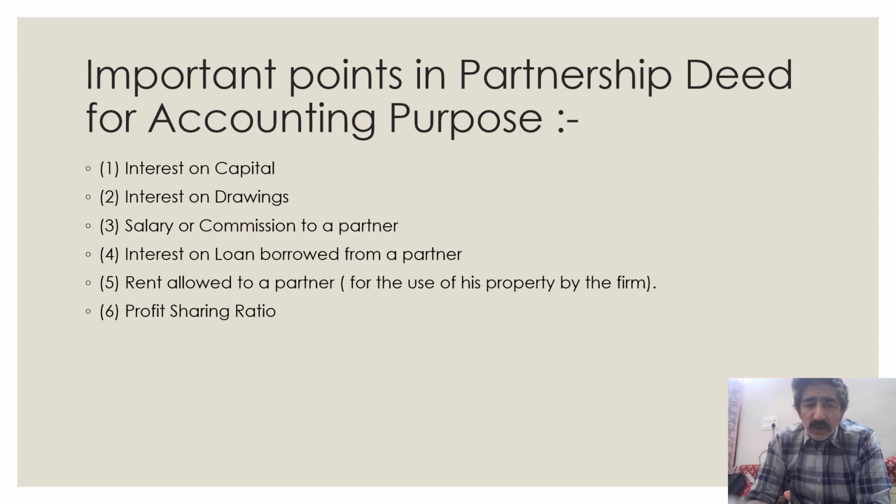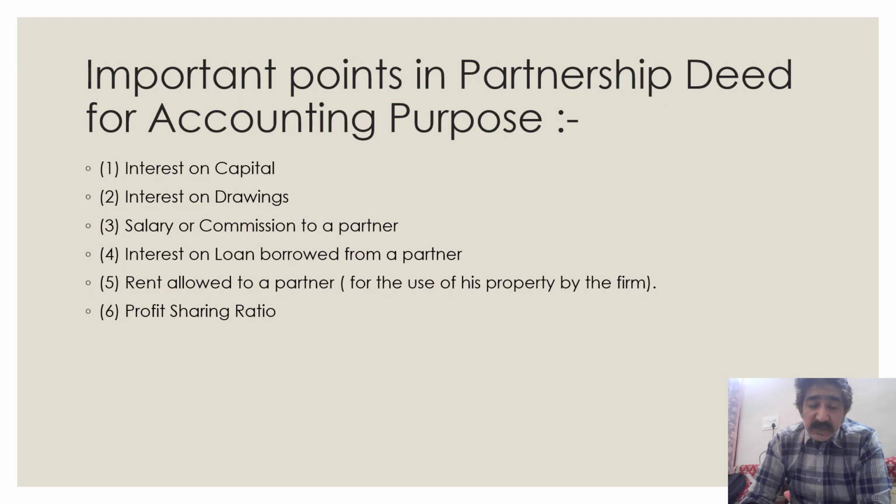So a part of the property of that partner is taken for the partnership business purpose. In this case, they will not take undue advantage of that partner by not paying anything in return, but they will decide how much rent has to be paid to that partner for the use of his premises by the partnership firm for the business purpose.